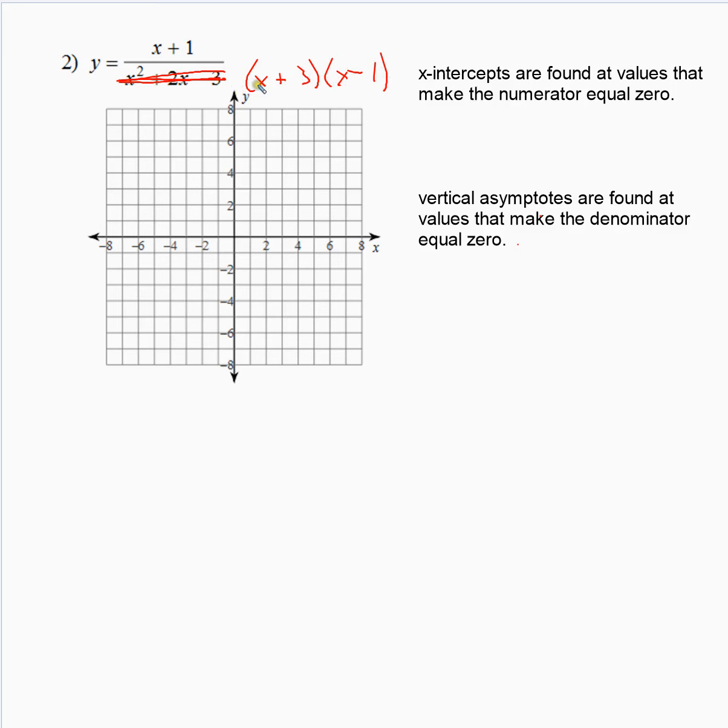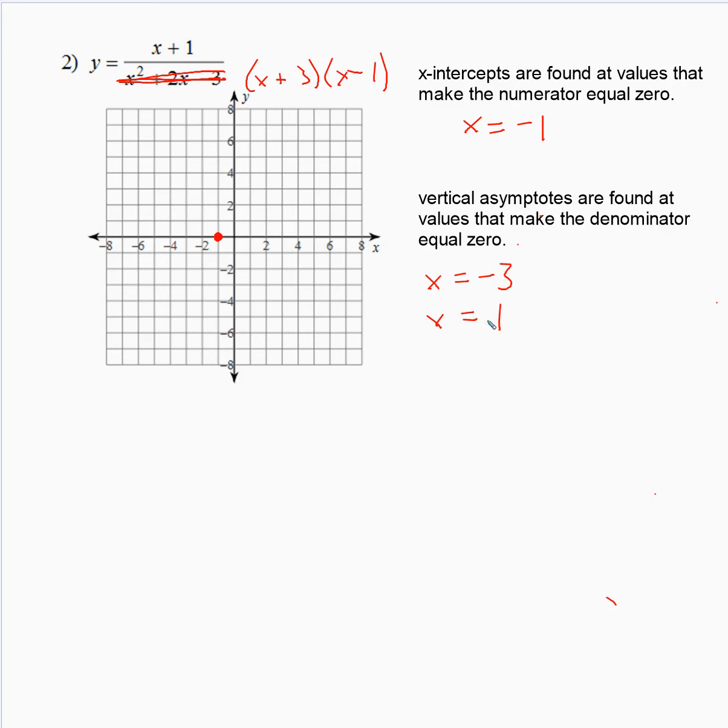And that's our denominator. For our x-intercepts, we want the values that make the numerator equal 0. x equals negative 1 makes the numerator equal 0, so we know that is an x-intercept. And in the denominator, the values that make the denominator equal 0 for our vertical asymptotes are x equals negative 3 and x equals positive 1.